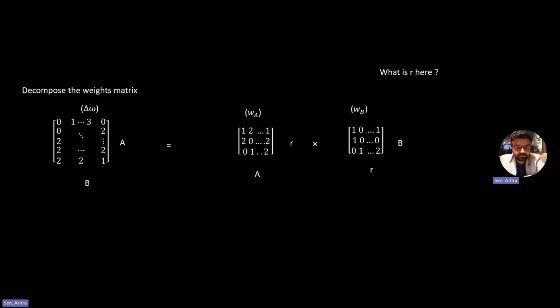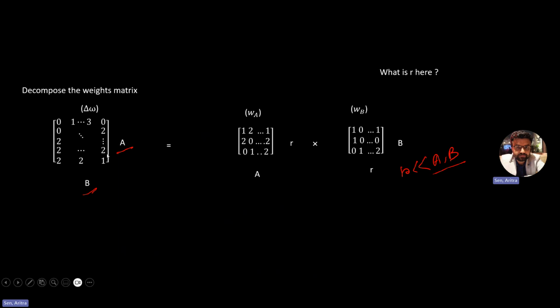So the redundant information you can throw away, and you can use the concept of rank, and this rank can be very much smaller than the dimension of the original matrices. So R is very much smaller compared with A and B, which are the shape of my matrices, or the number of rows and columns.